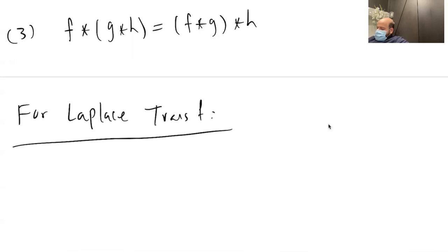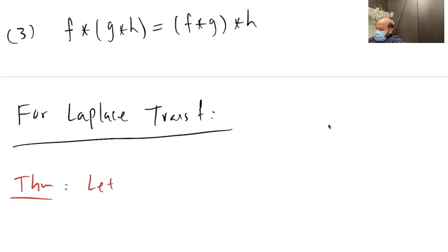the important property or important theorem is as follows. Highlighted with red, theorem.